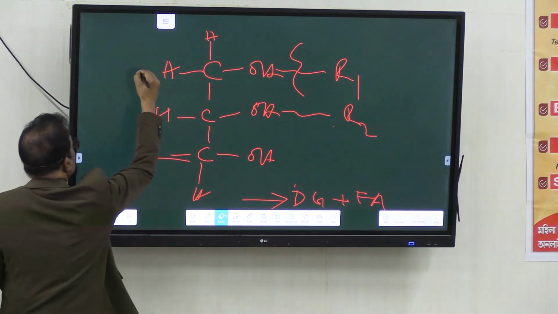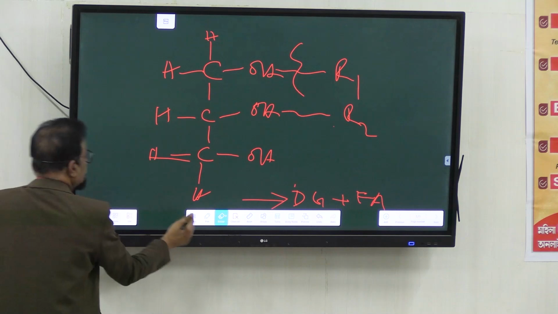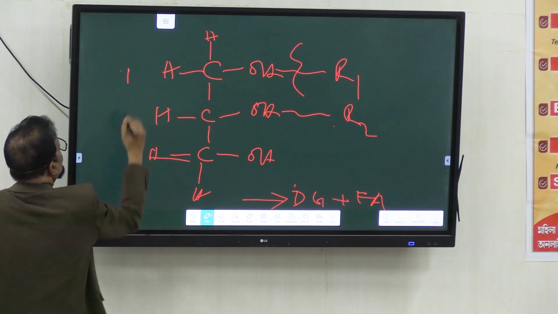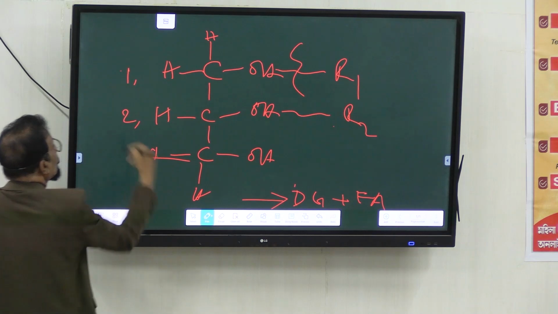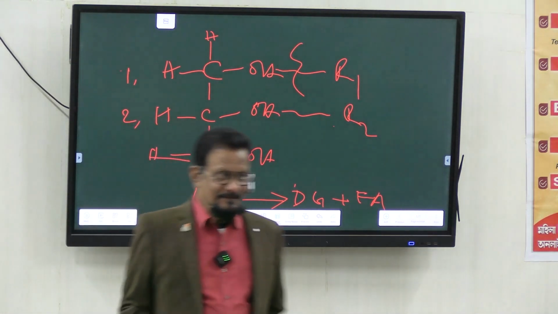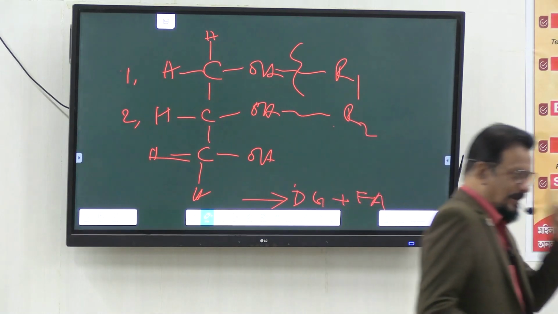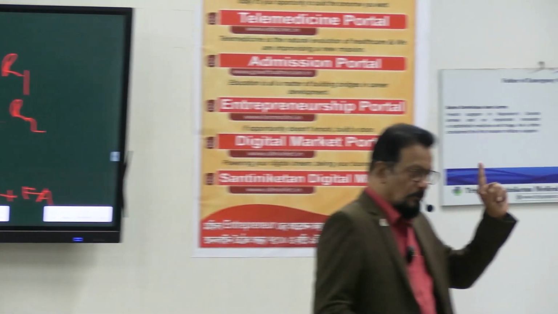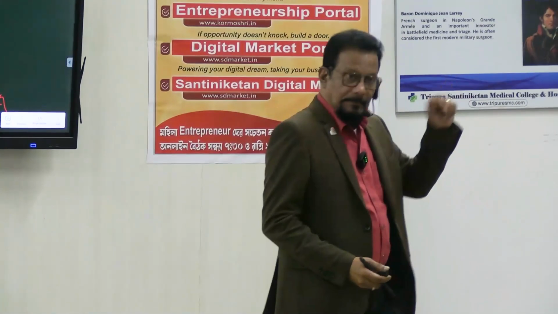This is termed 1,2 diglyceride, meaning fatty acids are attached to the first carbon and second carbon. We also term it alpha beta.